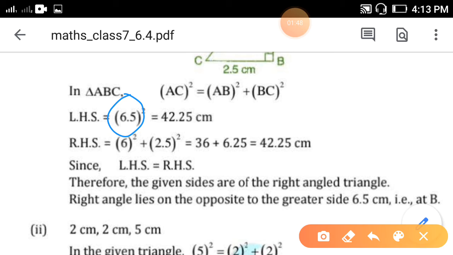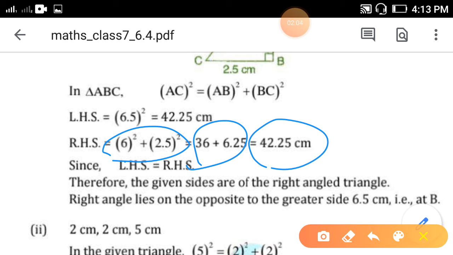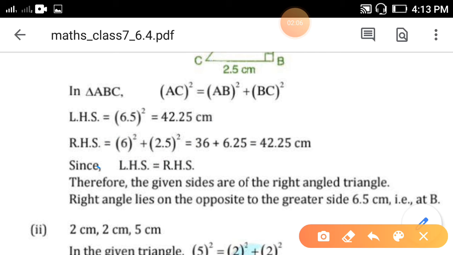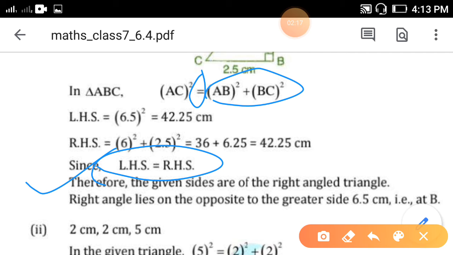Square of 6.5 is 42.25 and the other side, 6 square plus 2.5 square, so it's 36 and 6.25. Add them, so you'll get 42.25. So both are the same. Because in the formula, hypotenuse square is equal to the sum of squares of the other two sides, we can say the given sides are of a right angle triangle.